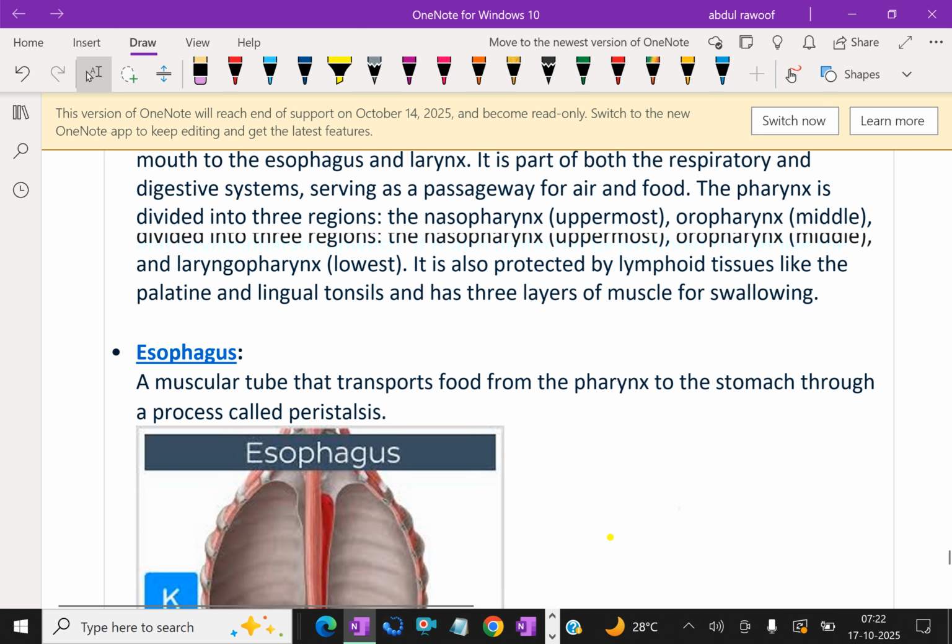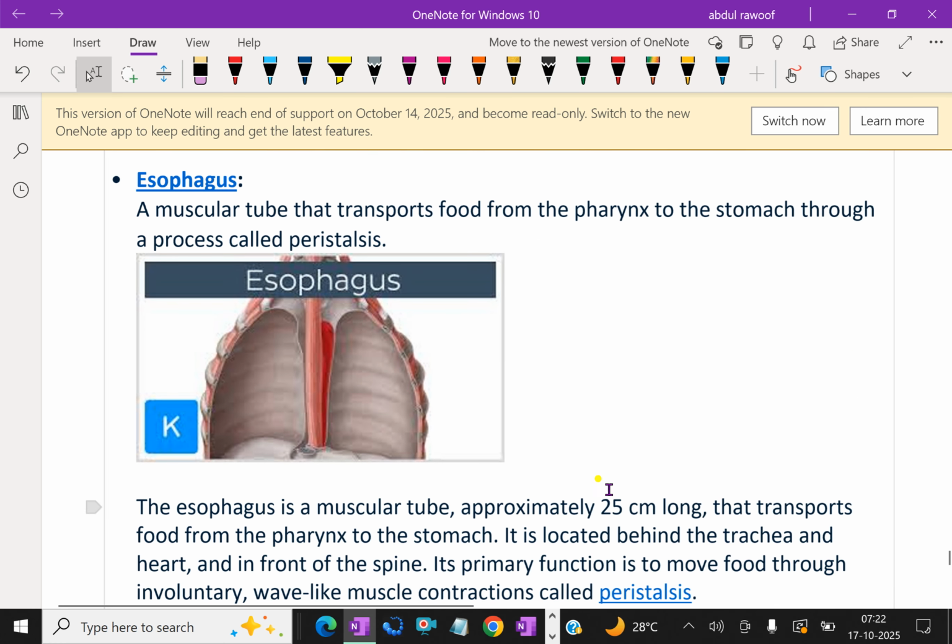Esophagus, a muscular tube that transports food from the pharynx to the stomach through a process called peristalsis. The esophagus is a muscular tube approximately 25 centimeters long that transports food from the pharynx to the stomach.